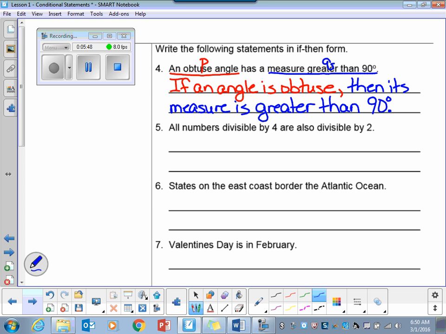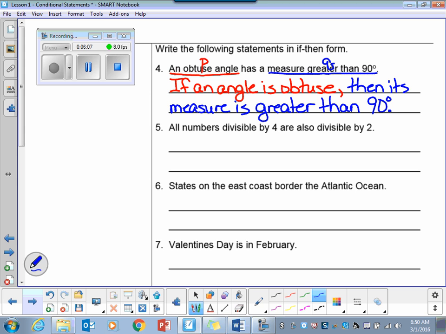Now, the statement has to be true when you write it in the if-then form. You have to have a comma after your hypothesis. Okay, and it also needs to make sense grammatically, or you need to try to write a good, solid English sentence.